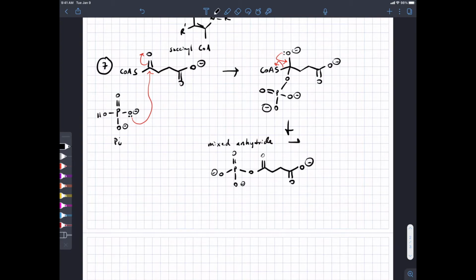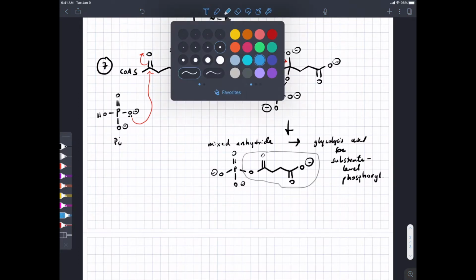And remember, back in glycolysis, we used this for substrate level phosphorylation because all of this is a good leaving group.